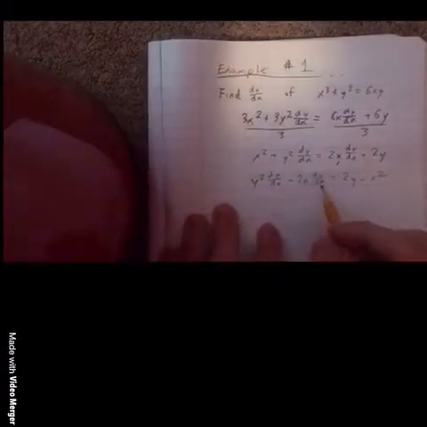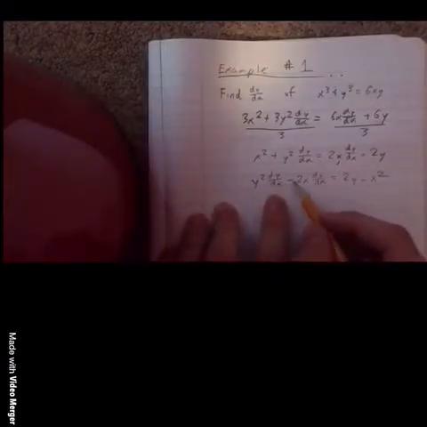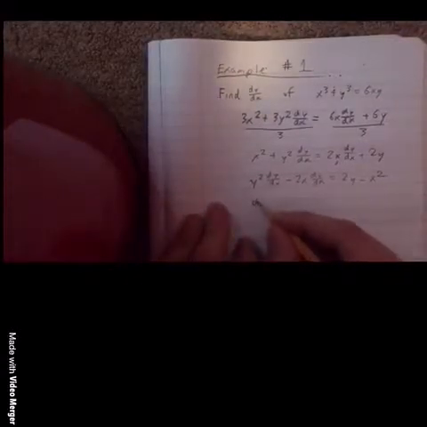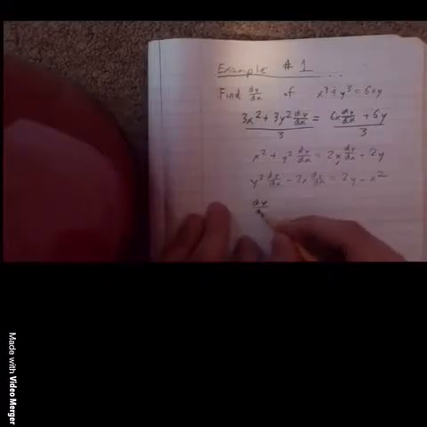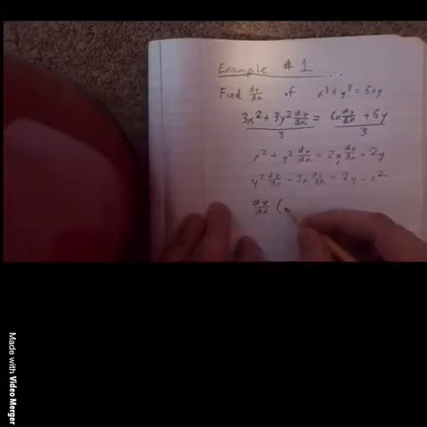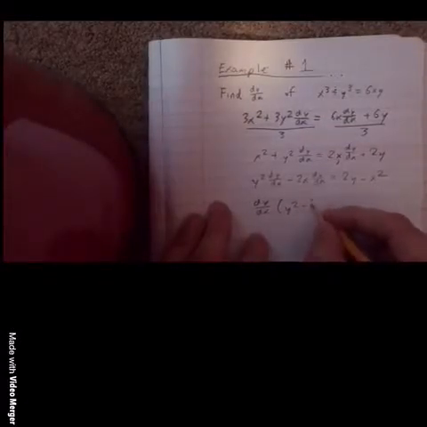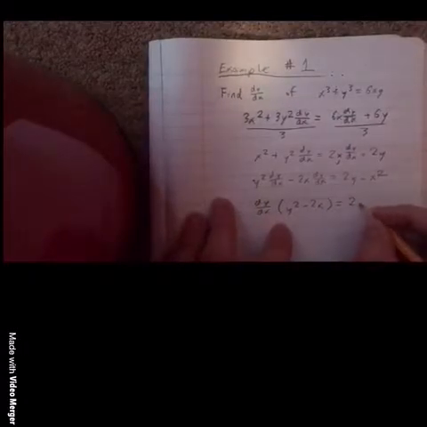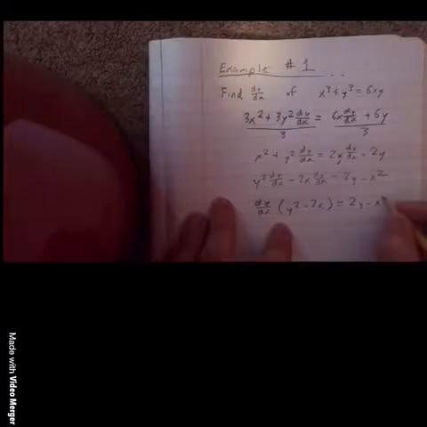And then what we are going to do is factor out the dy over dx from this side of the equation. So that is going to be dy over dx times y squared minus 2x, and that will be equal to 2y minus x squared.